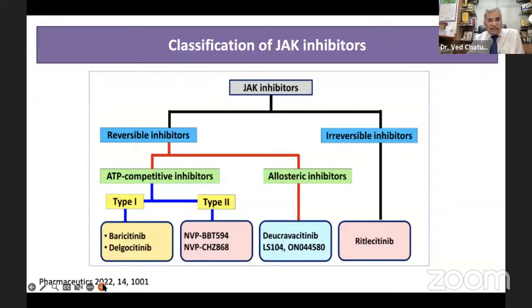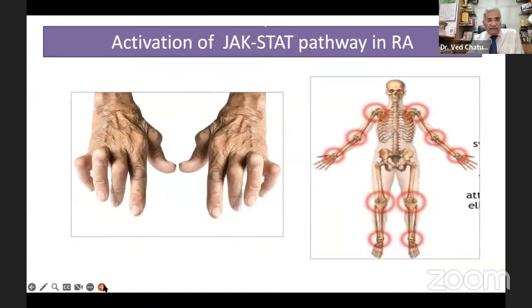The classification of the JAK inhibitors. Don't get scared. Every year, new JAK inhibitors will come. Simple to remember that whatever is available in our country is tofacitinib and baricitinib.